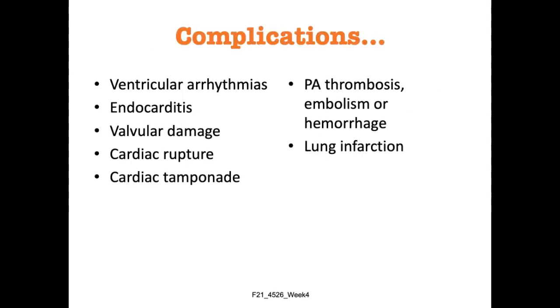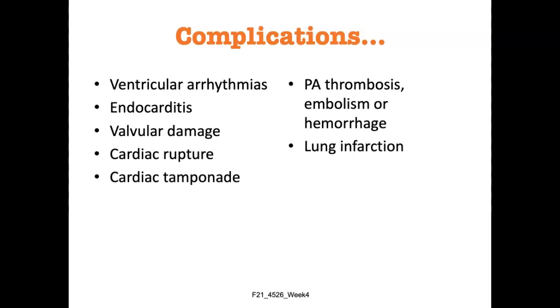And then what are some of the complications? Well, when the physician is inserting the pulmonary line or the catheter, you can get ventricular arrhythmias, or if this catheter falls back into the right ventricle, you can get arrhythmias. It just causes irritability. It could cause an inflammation and endocarditis of the inner lining of the heart. It may cause valvular damage because that catheter is going through those valves.